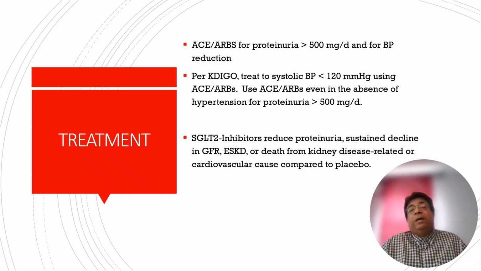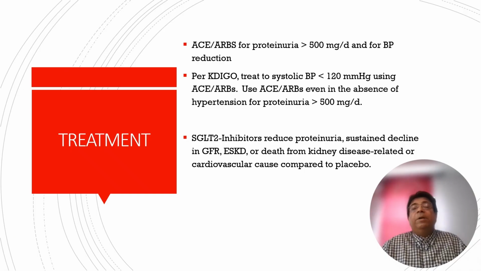So, of course, proteinuria is highly important, and you want to start off with ACE inhibitors and ARBs for proteinuria greater than 500 milligrams per day, and for blood pressure reduction.